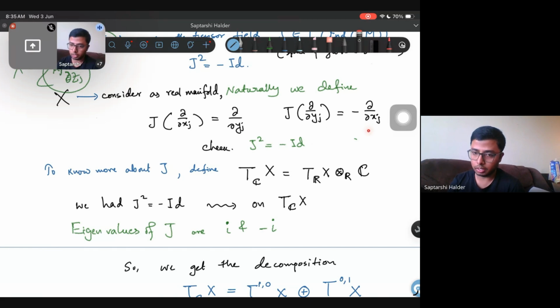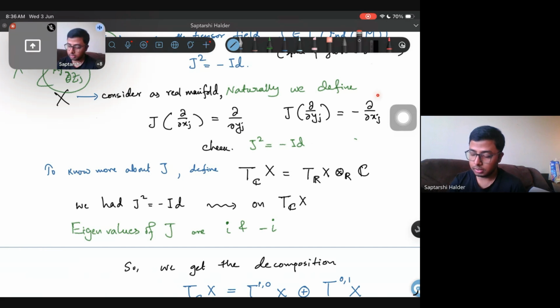Now observe one thing. If we compose J with J, you will get minus identity, because J will come over here and it will be minus del del yj. It's just minus identity. So any real manifold X can naturally have an almost complex structure.